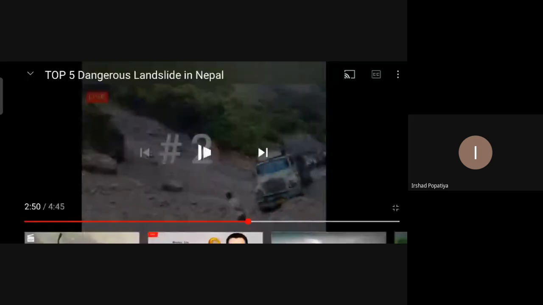Now why am I saying to move to a safer distance? Can you see the truck here? Suppose you are stuck in a car, why do I say that move away from here? Watch this video and then you will realize why.